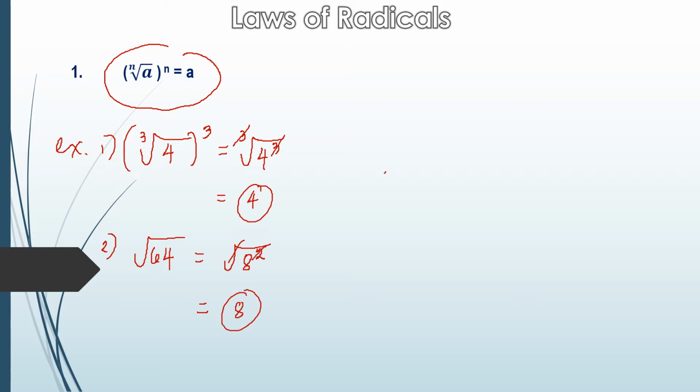Let's have another one. Let's say we have the cube root of 216. 216 in exponential form is 6 raised to the third power. So to simplify this, by applying the given law, this expression is equal to 6.